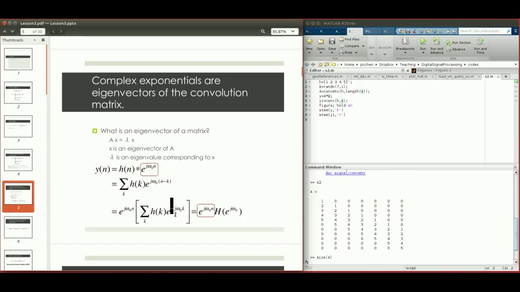There's a minus sign here, so you have to pay attention to it. It's kind of important. So basically, this slide is just telling you that e^(j omega_0 n) is an eigenvector of any linear time invariant system, and the corresponding eigenvalue is given by this summation over k.